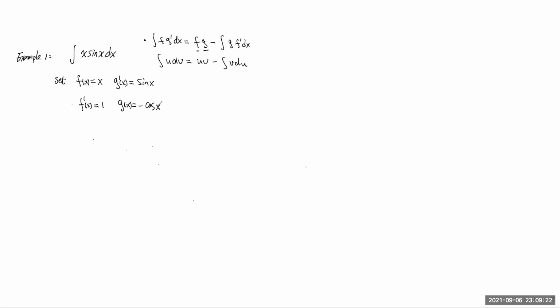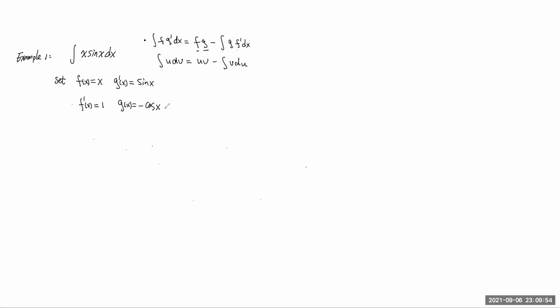Because if g(x) is the antiderivative, and you add any constant, it's still an antiderivative of sine x, right? In general, you don't have to write a plus C here. If you add a C, that's okay, but I hope you will not add a C here, because it will make your computation hard.